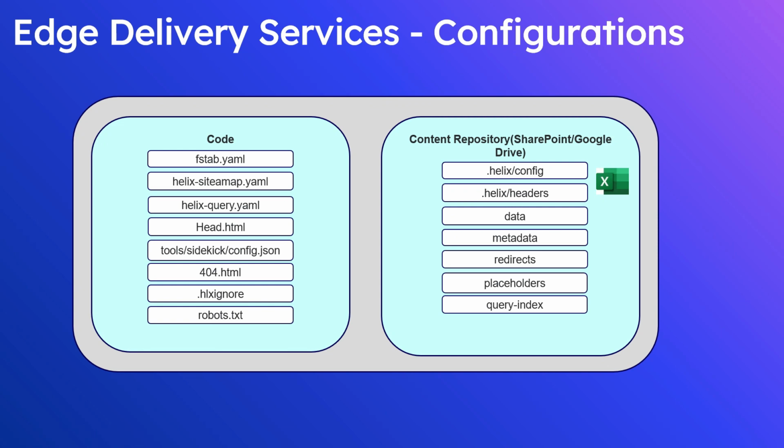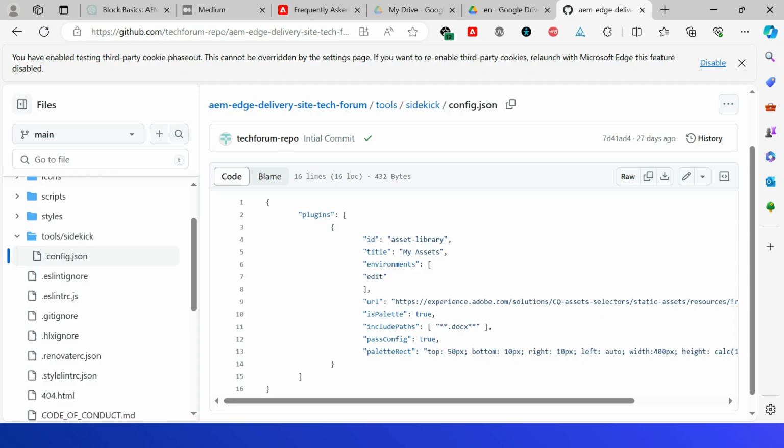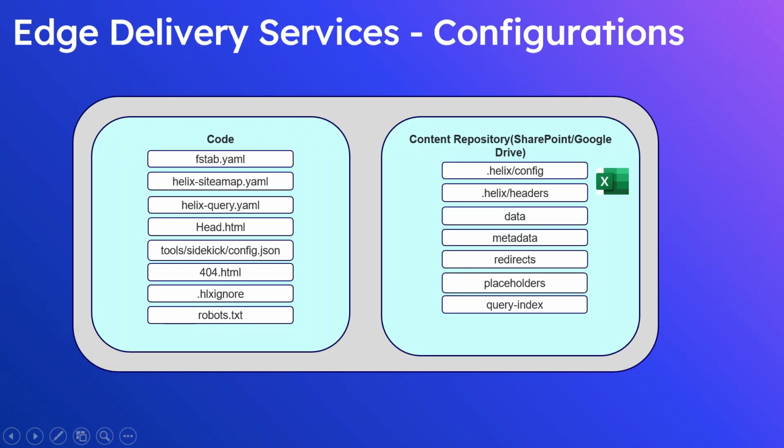This allows you to define and enable various plugins and tools for the Sidekick. This is my config.json in my project. If you see here, I enabled the AEM Asset Library plugin.